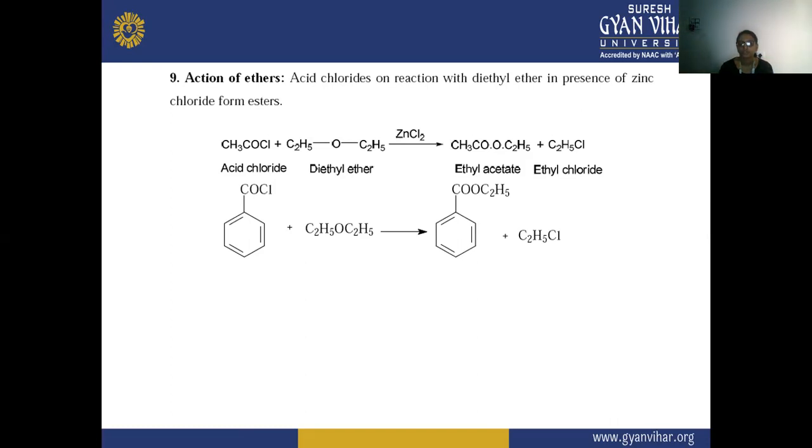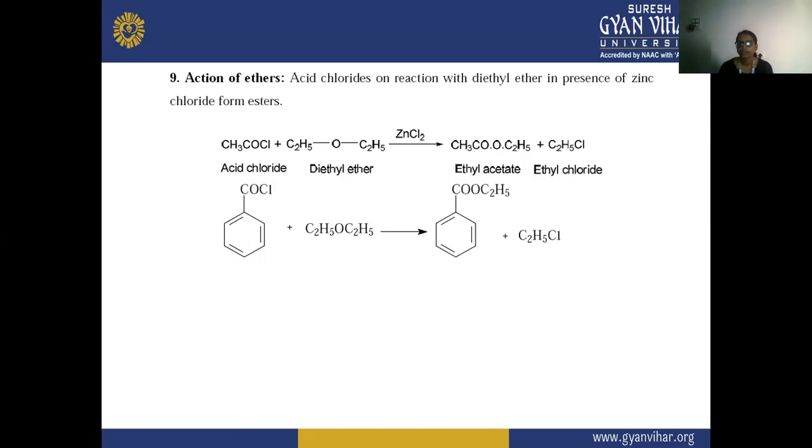So in the action of ethers, the acid chloride is reacting with the diethyl ether, and we are getting this ethyl acetate in the presence of the catalyst, that is zinc chloride. Here the derivative of carboxylic acid is getting converted into the parent carboxylic acid ester.